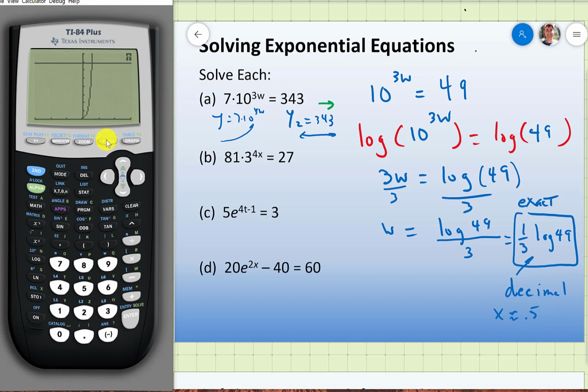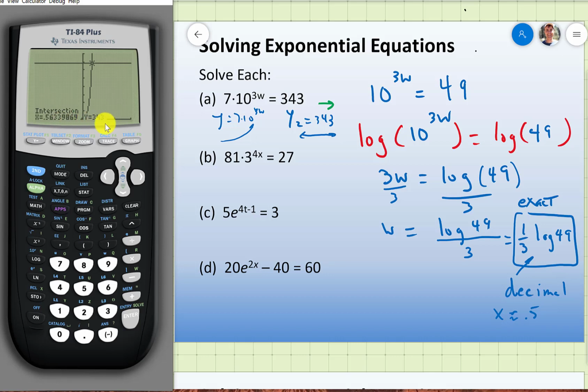I'm going to go to second trace to open the calc command, go down to number 5. And we'll hit the first curve, the second curve, and our guess, and it's going to calculate, and there it is, 5.6, which is the same rounded off.